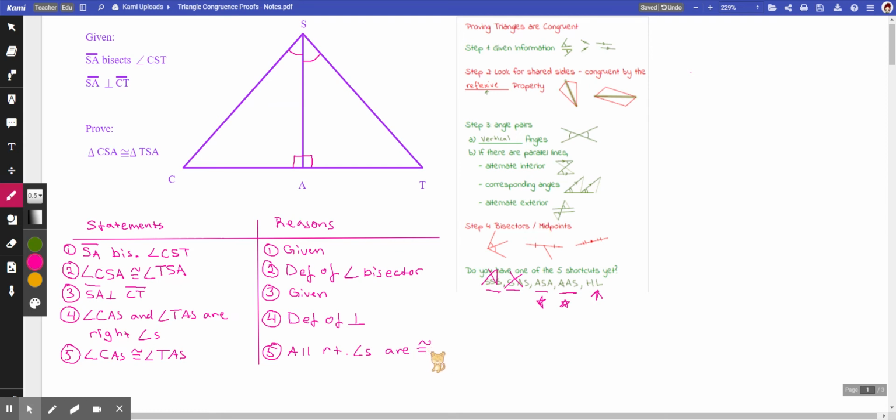It's just one of those postulates. The definition of a right angle is that it is 90 degrees, so if it measures 90 degrees, then they're all congruent. They have the same measure, so you just say it this way: all right angles are congruent. You can write out the words, but the more you abbreviate things with symbols, the less space it takes up.